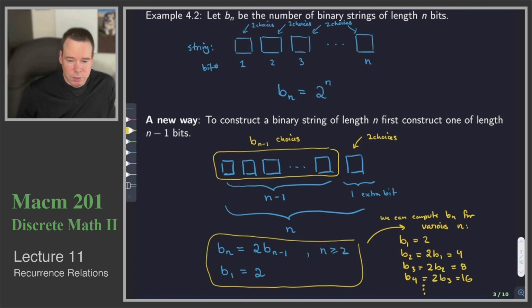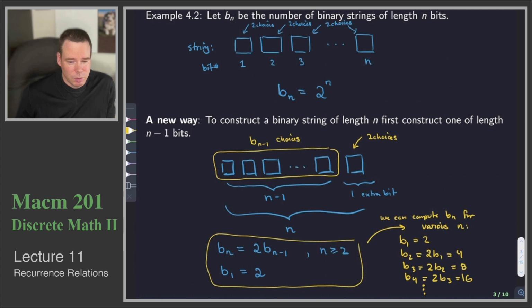So we've got a recurrence relation, a relationship between one element of the sequence and prior elements of the sequence. And with the initial condition, we're able to generate the terms of the sequence. And from these patterns, perhaps we could conjecture that b sub n looks like 2 to the power of n. That would be an example of solving the recurrence relation.